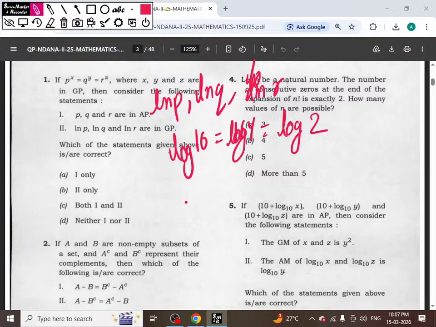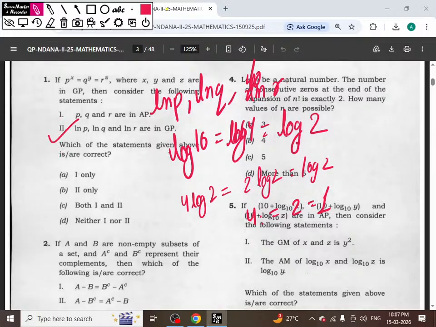So we can write it as 4 log 2, 2 log 2, and log 2. So 4, 2, 1. So yes, this is in GP, and the rest are not in GP. So only option B will be the correct answer.